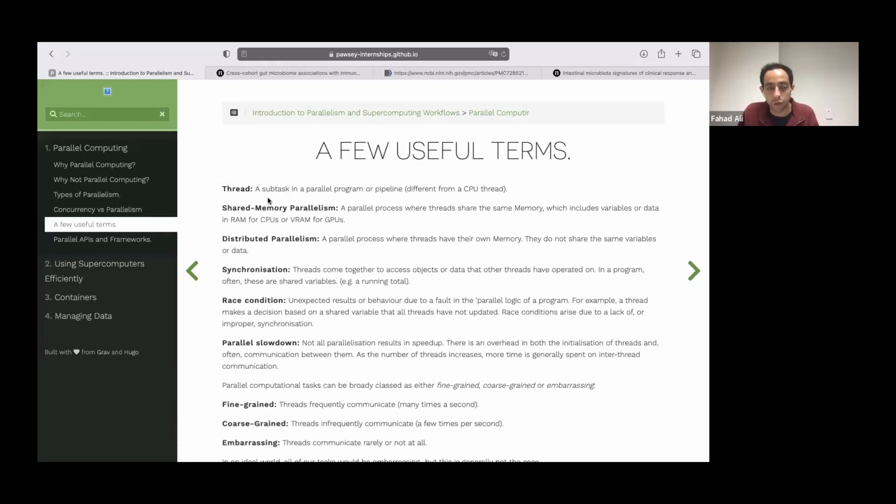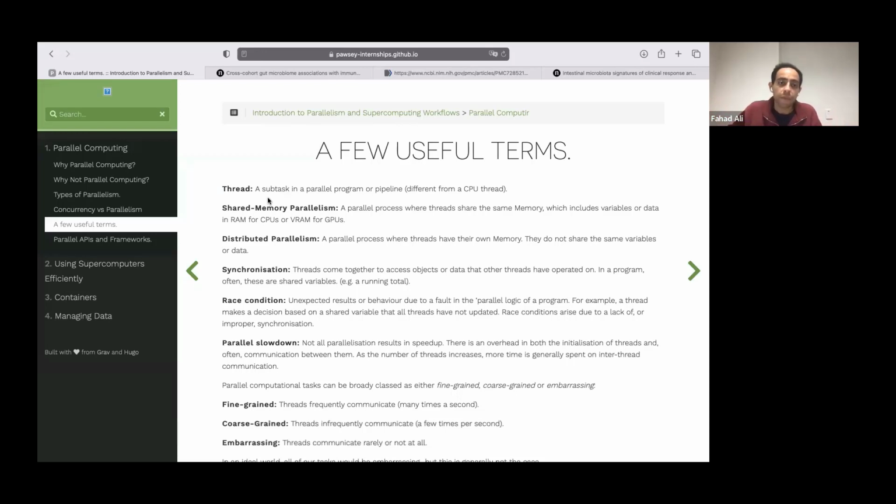The difference between the two is that in shared memory parallelism, you have a parallel process where the threads have access to the same memory. That means that if you put your data in RAM, or if you're using a GPU and you have your data in VRAM, all those processes read the same memory. That's shared memory parallelism.